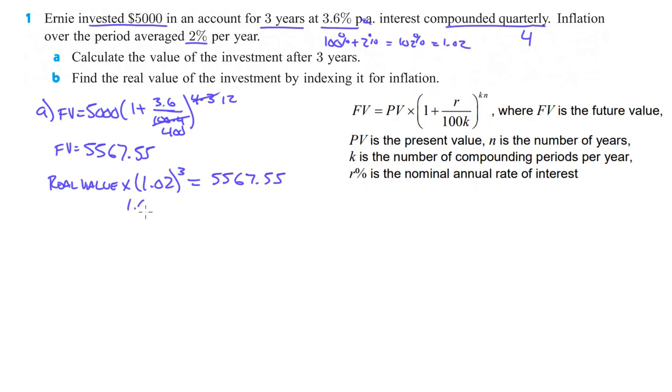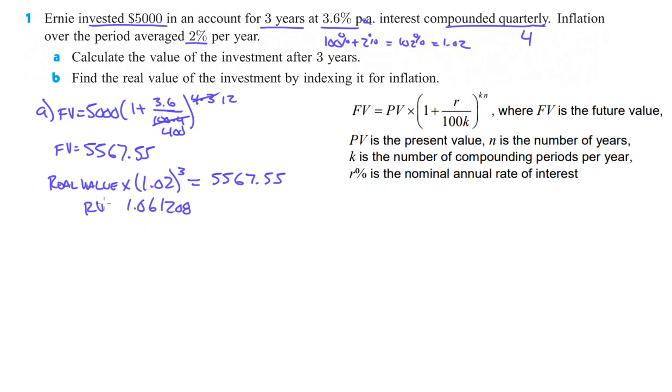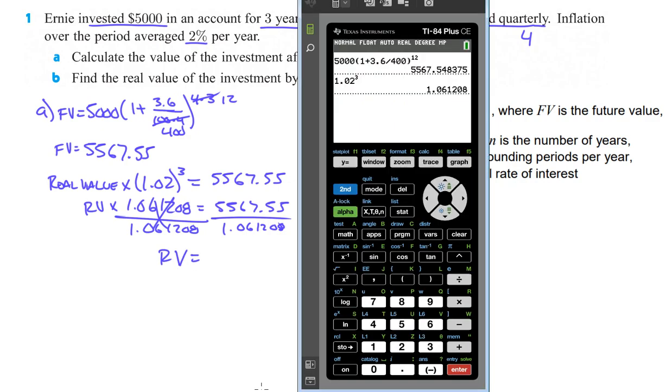So 1.02 to the third power gives us 1.061208. Is that right? I cannot remember. 1.061208. Okay, good. The real value times that is going to equal 5,567.55. So to find out what the real value is, we're going to divide by this 1.061208, and that will tell us what the real value of his investment is.